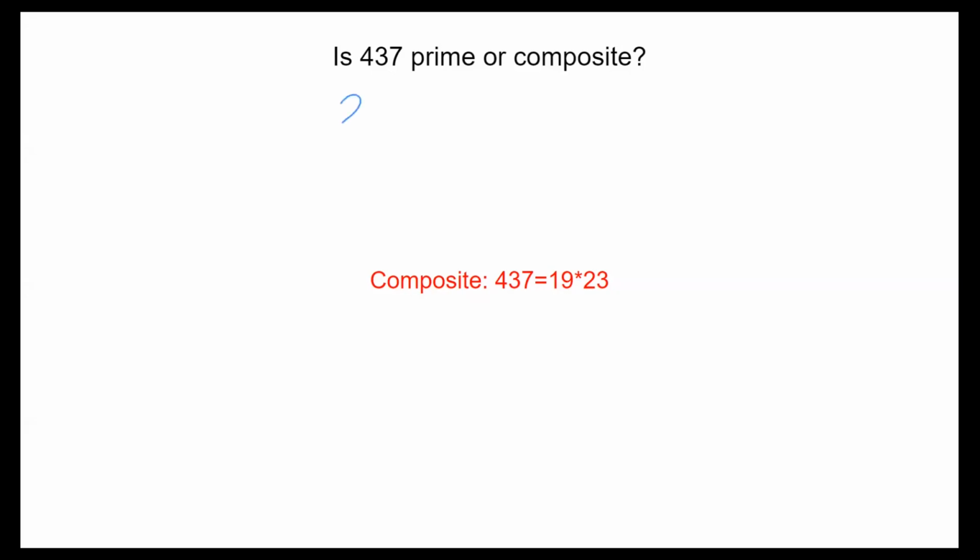So for example, 2, 3, 5, 7, 11, 13, and so on. If you check these numbers one by one, then you'll know if the number is prime or not.